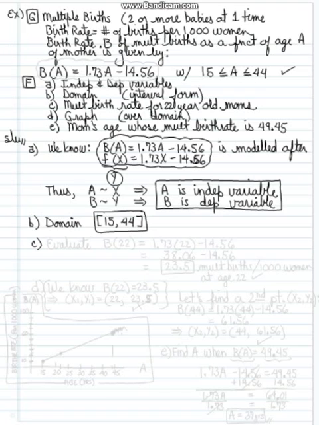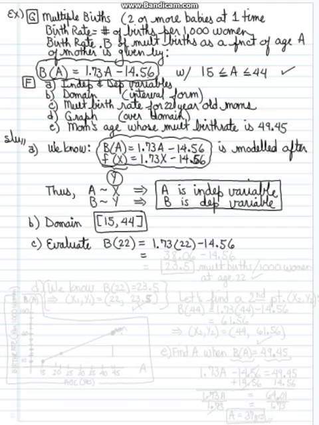Part C, multiple birth rate for 22-year-old moms. All we have to do to find that is to evaluate the multiple birth rate when age is equal to 22. According to our formula, b of a equals 1.73 times 22, because a is 22 for this question, minus 14.56.